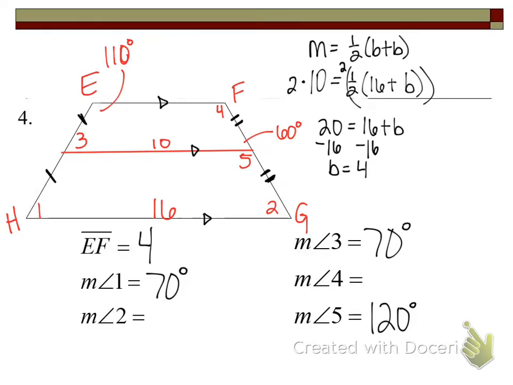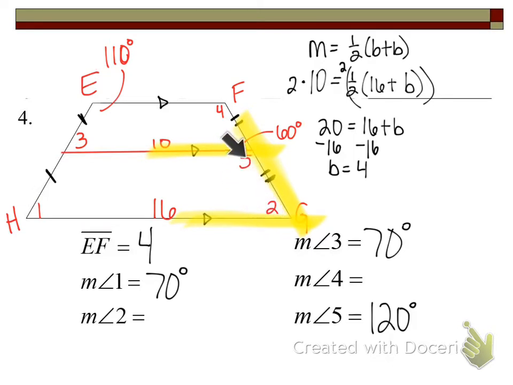Now if we switch and start looking at angle 2, for example, if I highlight the median and the base at the bottom and this transversal here, we've got a few different relationships going on. We should know there's a relationship between angles 2 and 5.